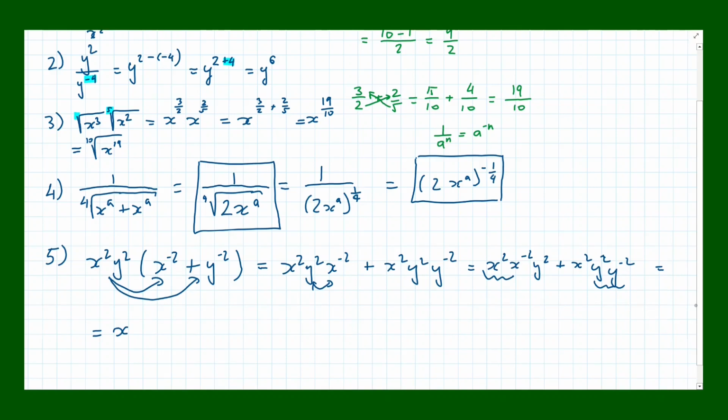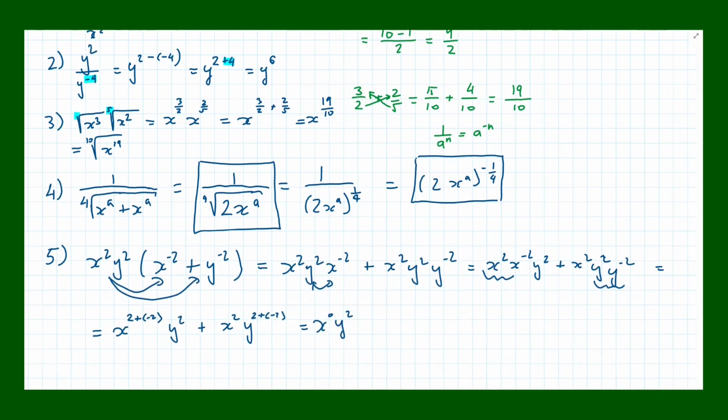So the new power of the x in the first term is going to be 2 add negative 2, y squared stays. In the second term, x squared does not change, and the y's power is going to be 2 add negative 2. 2 add negative 2 is going to be 0 in both cases.